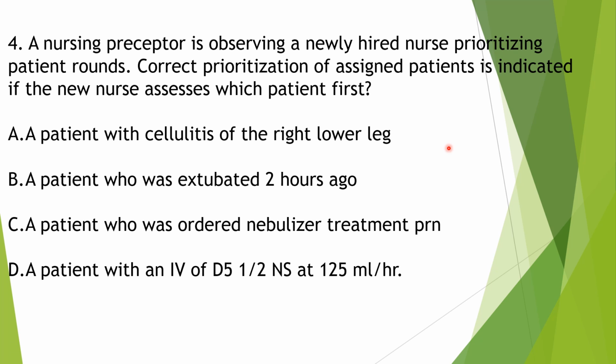When any problem arises, healthcare providers should be immediately notified for re-intubation of the patient. So the second option is the one the nurse should take as the most priority. The third one, the patient who was ordered nebulizer treatment as and when required, is not highly prioritized. A patient with an IV fluid also does not require that much priority.